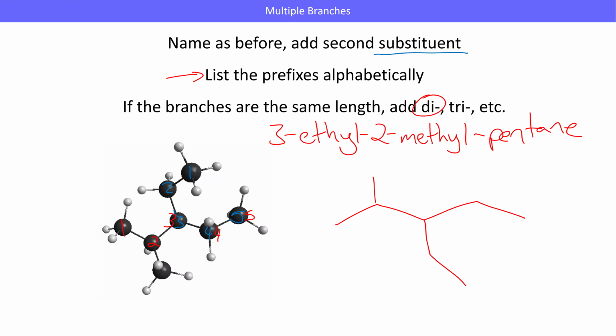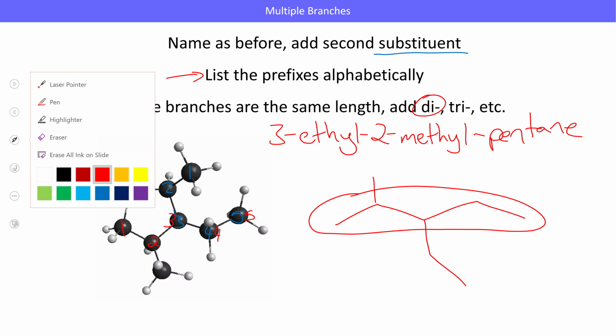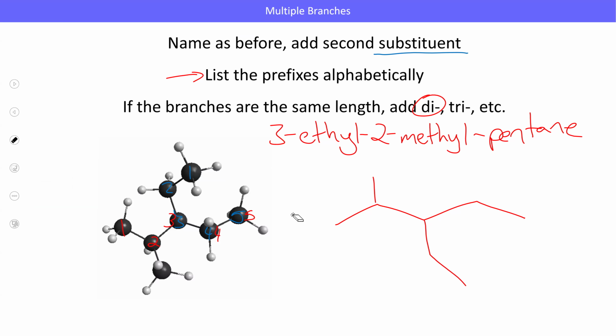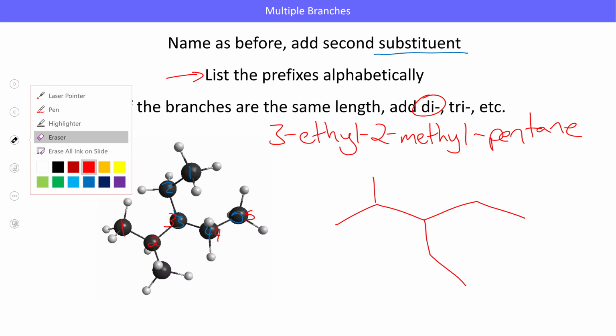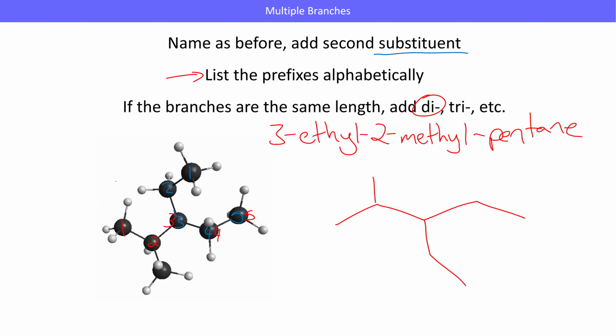So if we count the way that I have it numbered here, we get 3 ethyl, 2 methyl pentane. And just as an example, there are some molecules, this is the most correct name. We will see some examples of molecules where it's actually easier to count that way.